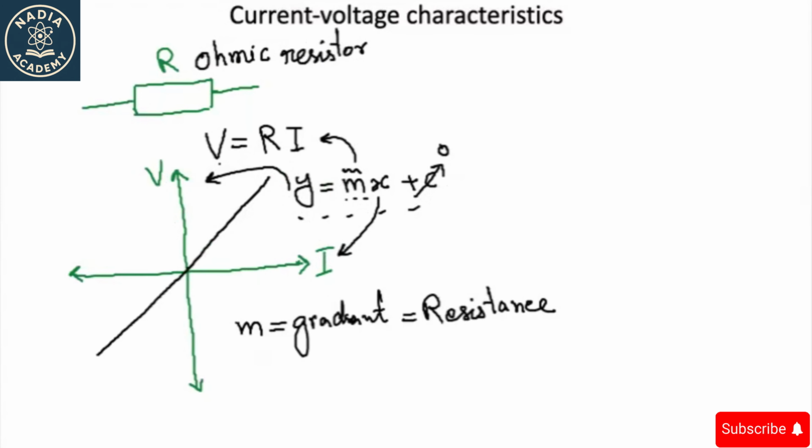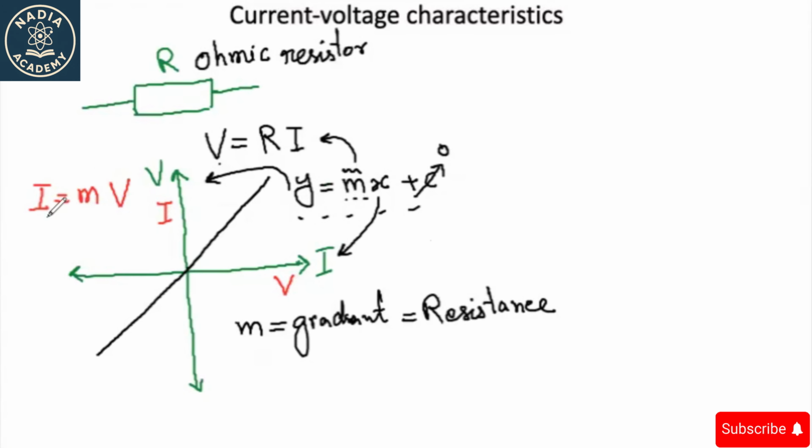But on the other hand, if, for example, we have a graph where the x-axis is the potential difference and the y-axis is current, then if you compare with the straight line equation, y is current this time, the gradient is m, and x is the potential difference.